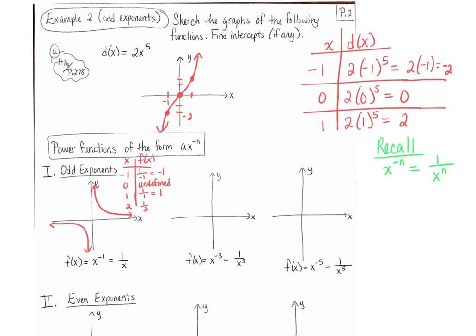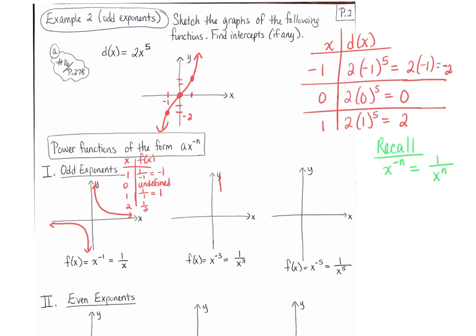So no surprise that if you have odd exponents and you have a negative odd exponent, the graph is going to have the same shape. Then what's going to happen? Either it's going to get closer to the y-axis or further away from it. If you have x to the negative third, this is 1 over x cubed.